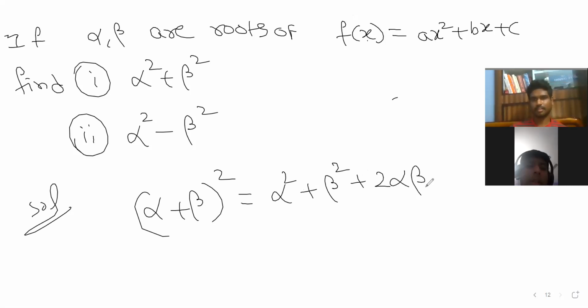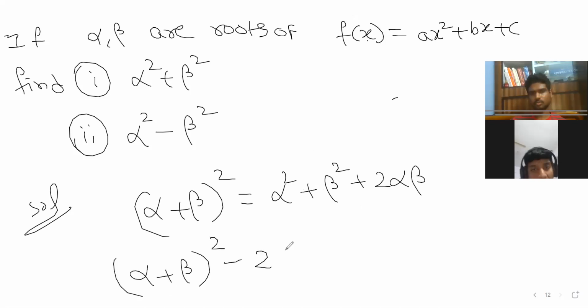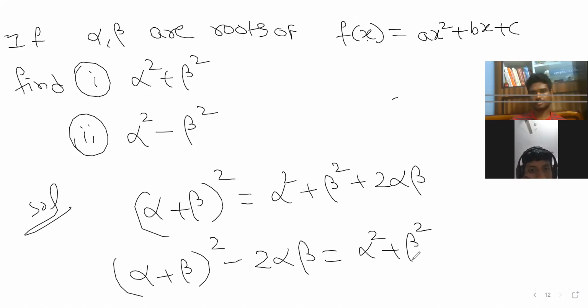Now, I need alpha square plus beta square. If I send 2 alpha beta to that side, I will get alpha plus beta whole square minus 2 alpha beta equals alpha square plus beta square, right? Instead of alpha square plus beta square, I can write this.